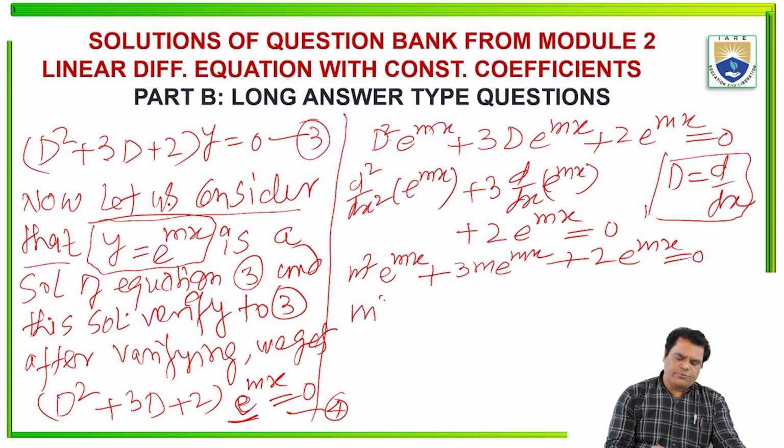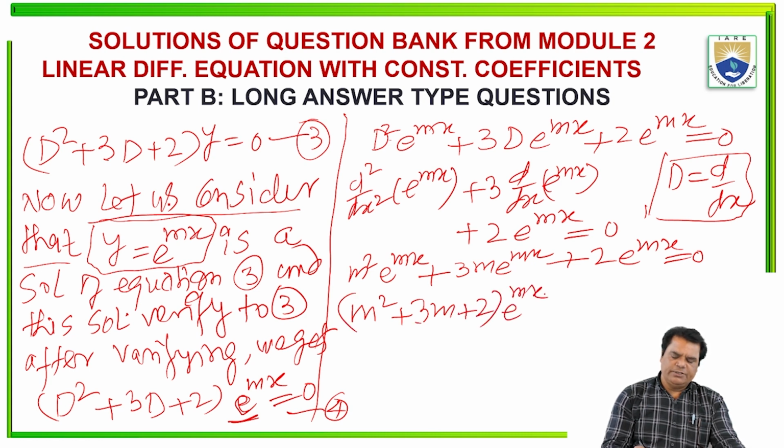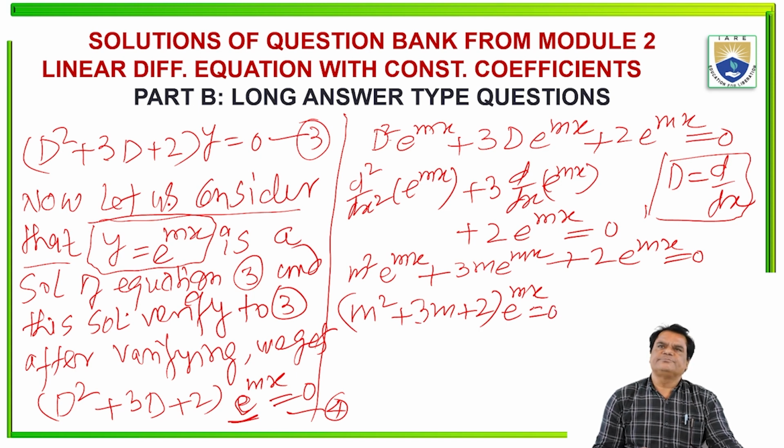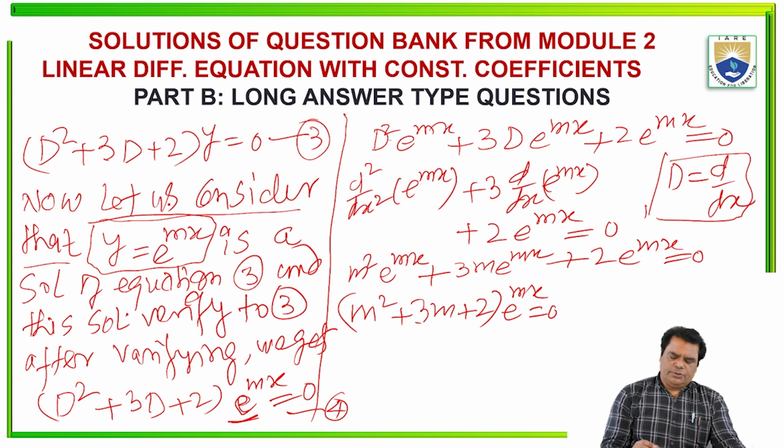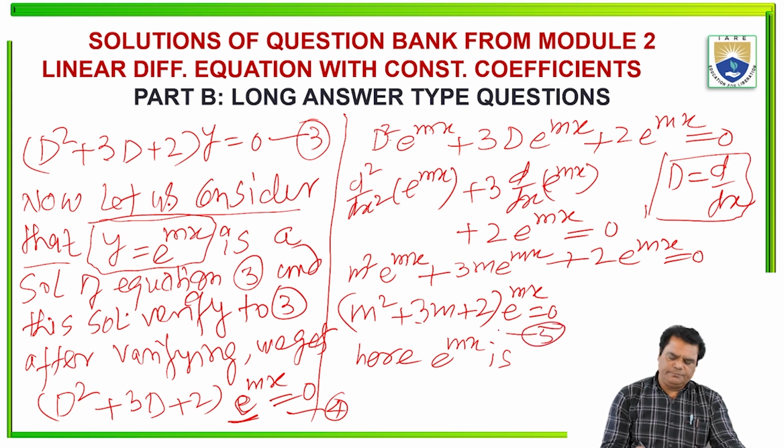Finally, (m square plus 3m plus 2) e to the power mx equal to 0. This is equation 5. Here e to the power mx is a solution of 3.